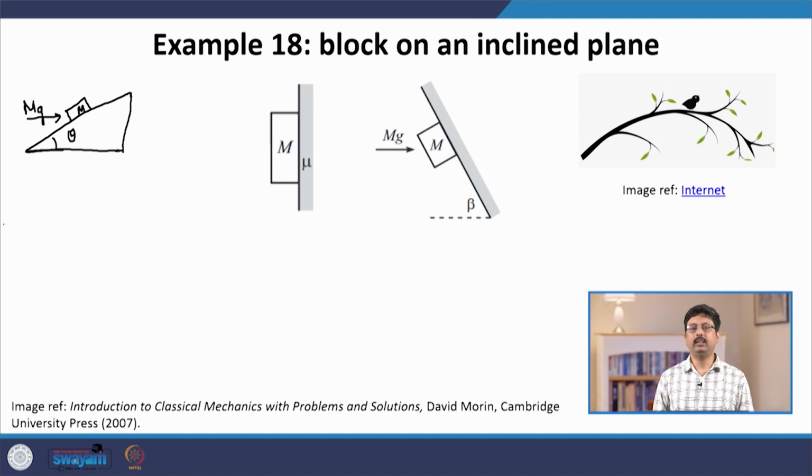But in real life, you often encounter inclined planes where theta is actually 90 degrees or can even be bigger than 90 degrees. For example, as shown in this figure, this angle is 90 degrees, and in this case theta is actually greater than 90 degrees.